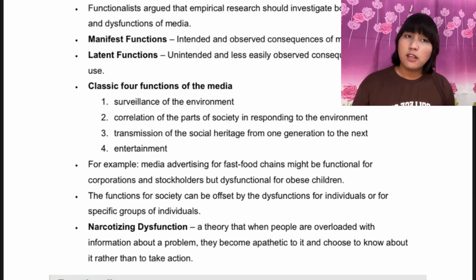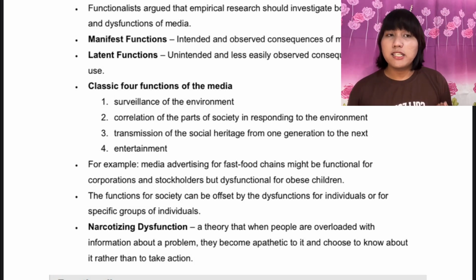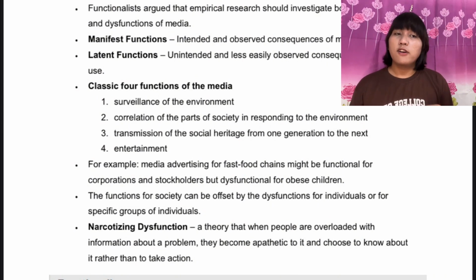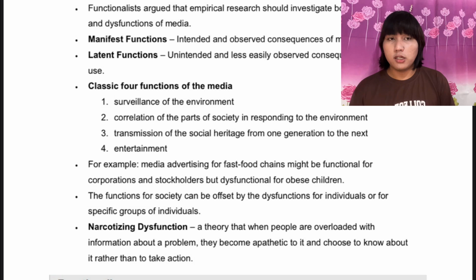Functional analysis could lead to complicated assessments of media's role, as various forms of media content can be functional or dysfunctional for society as a whole, specific individuals, subgroups, and culture. For example, media advertising for fast food chains might be functional for corporations and stockholders, but dysfunctional for obese children.